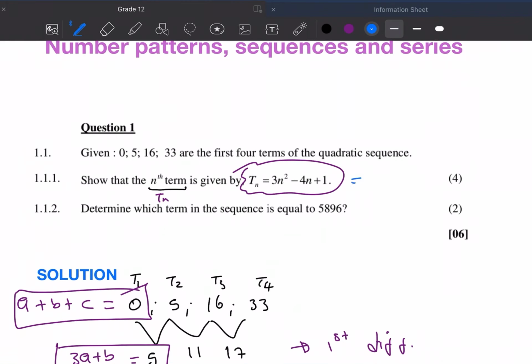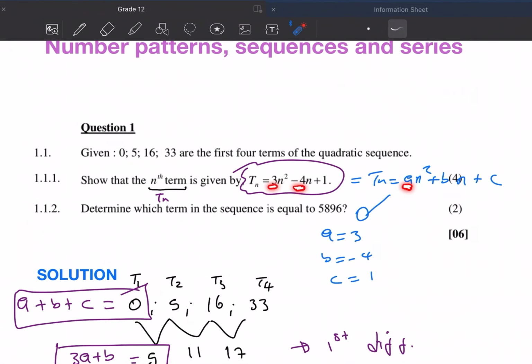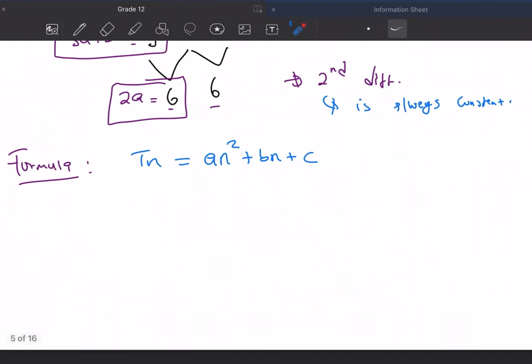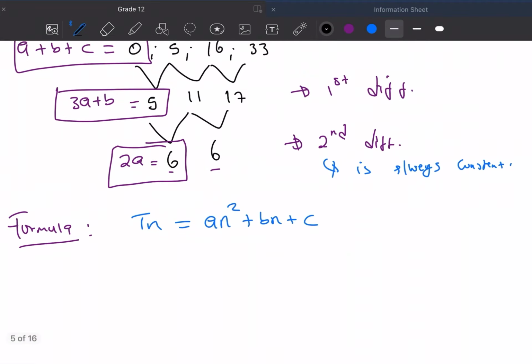So basically this is an squared plus bn plus c. So they're asking us to prove that a is equal to 3, b is equal to -4, and c is equal to 1. That's basically what they want us to prove. Alright, so we're going to do exactly that.